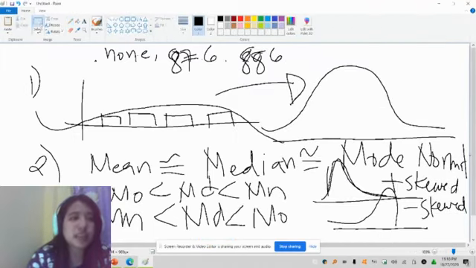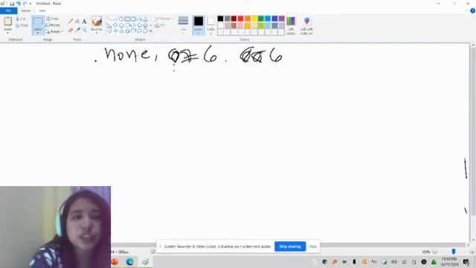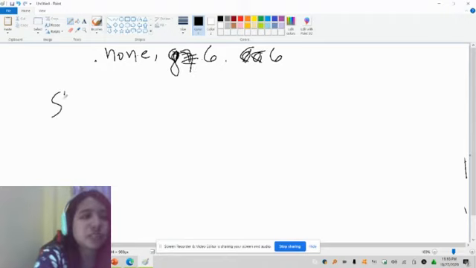So what is the third method? We can actually make use of the computation. We can use the computation of the skewness and kurtosis. And what is skewness?